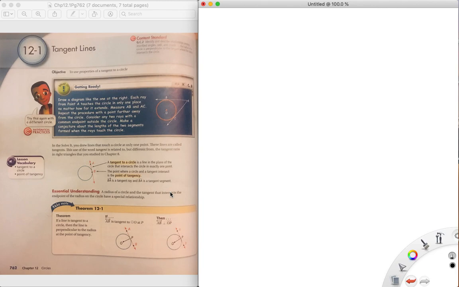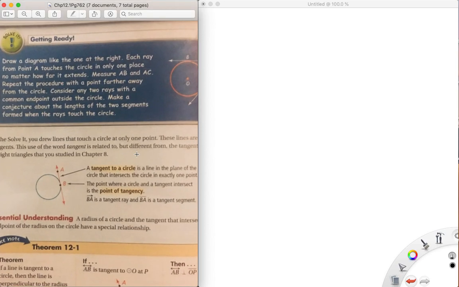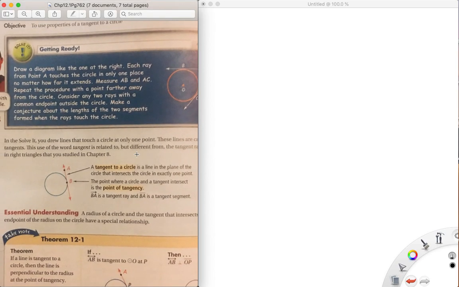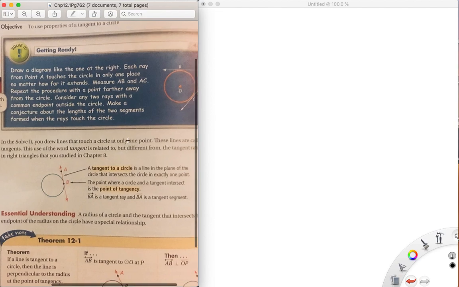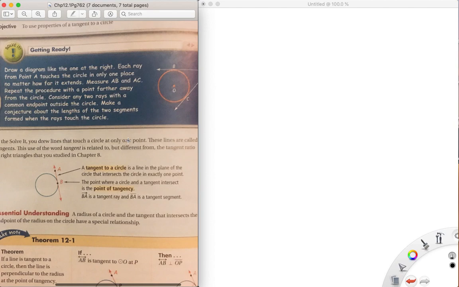Alright, this is Geometry Chapter 12, Section 1, Tangent Lines. Alright, so what is a tangent line? We'll do it as it pertains to tangent to a circle, but it's not the same.